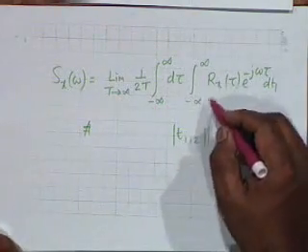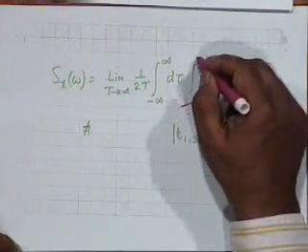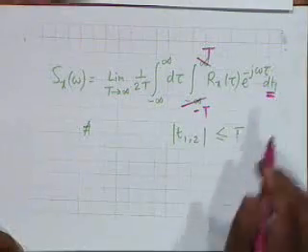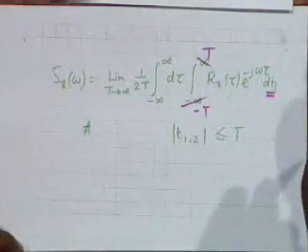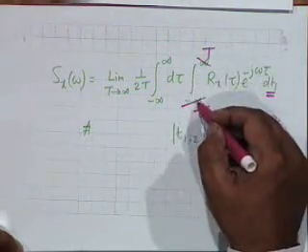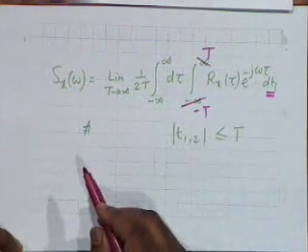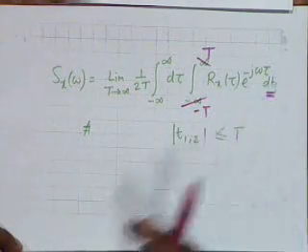But this integral with respect to t1, it suffices to integrate from minus T to plus T. Small t1 lies between minus T and capital T, and therefore it suffices to replace minus infinity and plus infinity by minus T to plus T. Now if I bring this 2T along with this integral, they will cancel, which means that the limiting value will be independent of capital T, and ultimately what we will get is the integral minus infinity to infinity Rx of tau e to the minus j omega tau d tau. Is the logic clear?